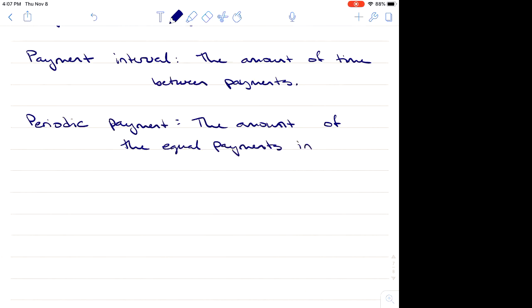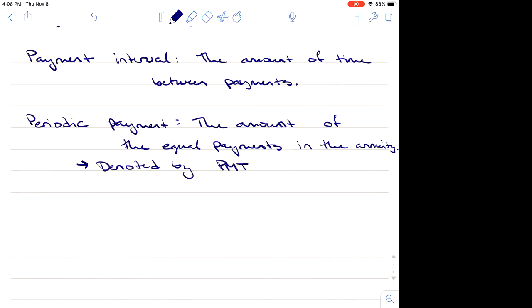It's going to be denoted by capital PMT. We've seen that already. On your calculator function, there's a PMT button. We've been leaving it at 0 for now, but now we can start filling it in, and then we can have the payments per year as well as the compoundings per year. So that's where they'll come in.